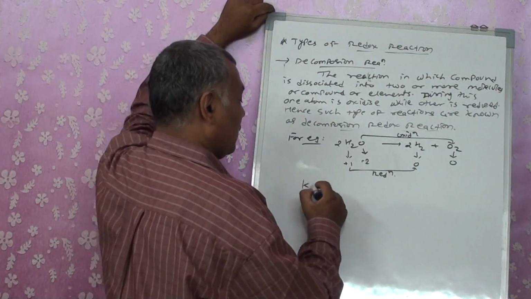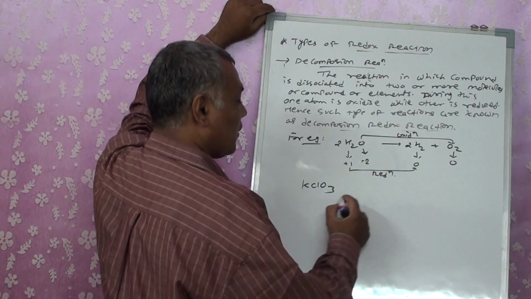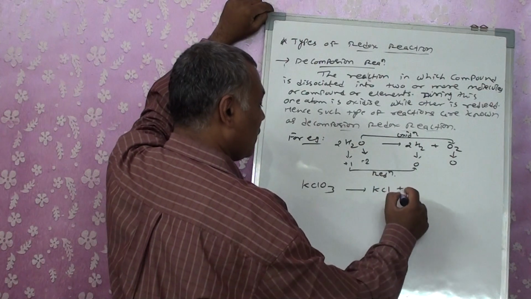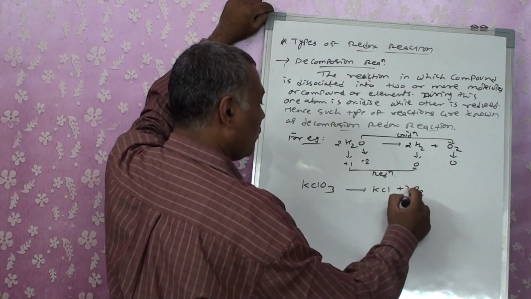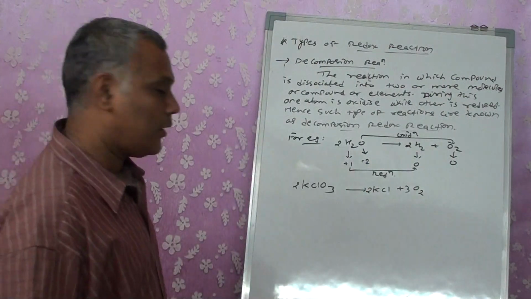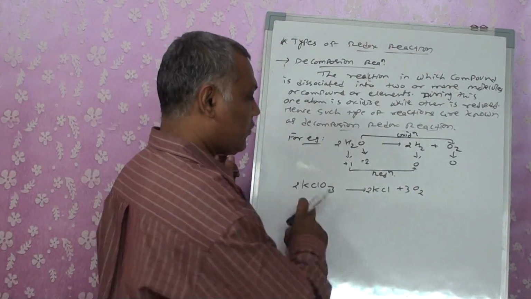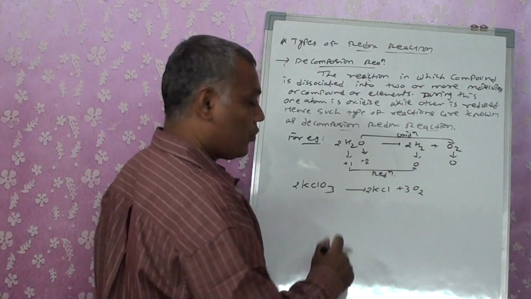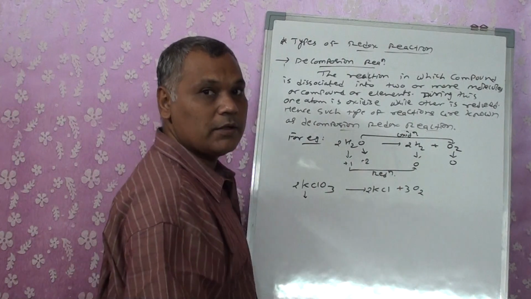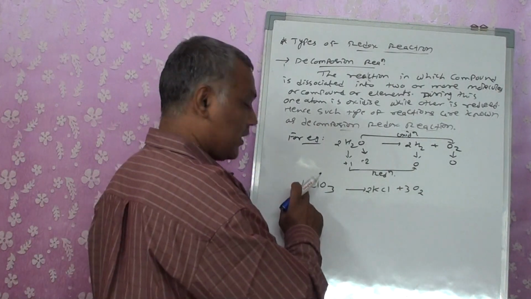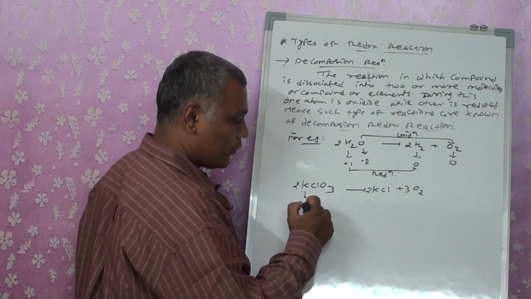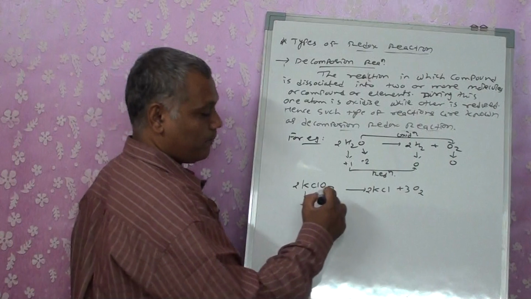For example, KClO3 is a compound. On decomposition, it gets converted into KCl plus O2. I just balanced it, right? So KClO3 changes to KCl plus O2. If I calculate its oxidation number, K, potassium, is a first group element, an alkali metal, so it will always be plus 1.